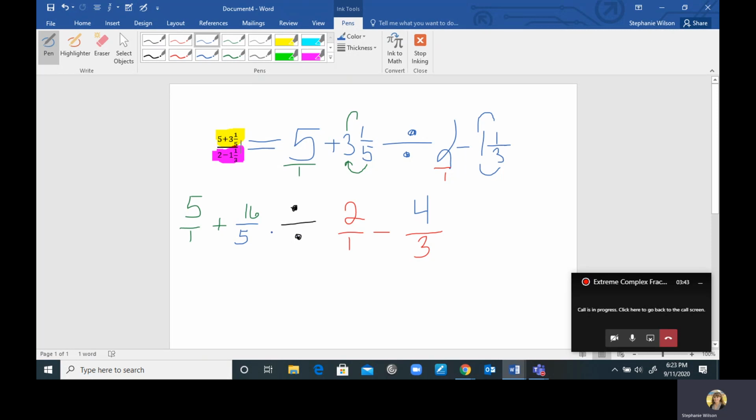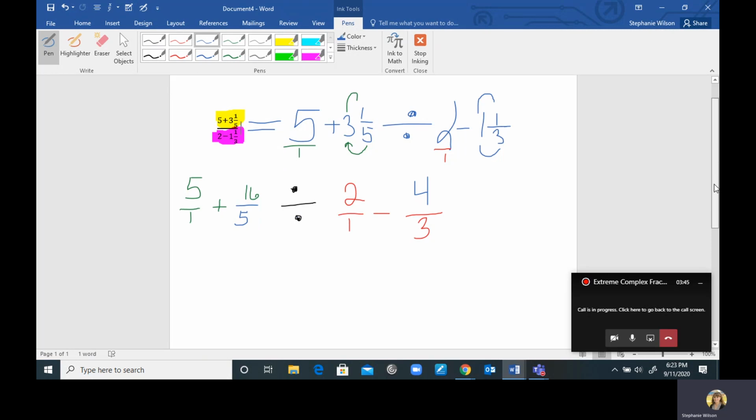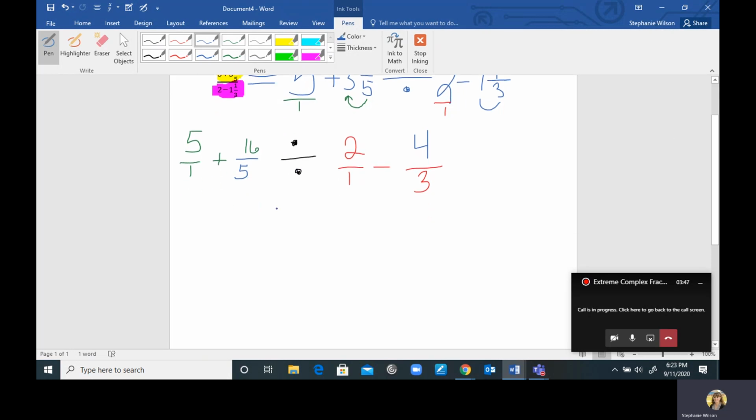So now I can combine each part. I can combine the numerator. Whenever you add or subtract fractions, we have to have a least common denominator, meaning a number that both denominators will go into. Maybe not the same amount of times, but they will go into it. I know 1 will go into 5 and 5 will go into 5.